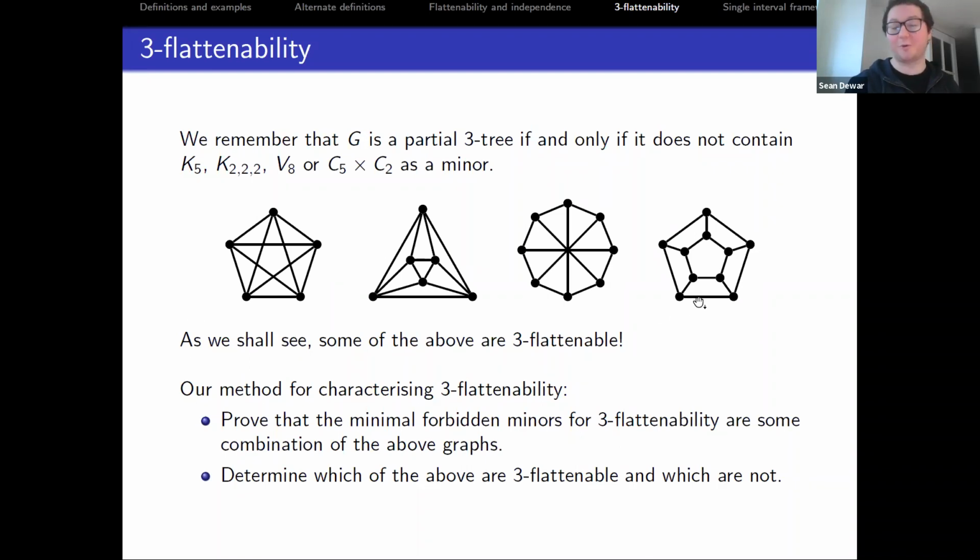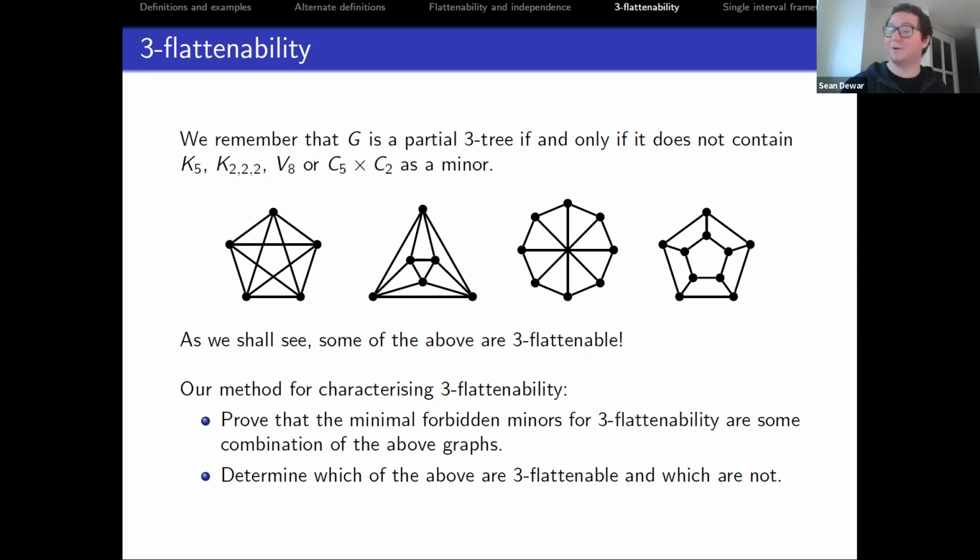Because Belk was also working on proving which ones are flattenable and which aren't, they already knew that these 2 weren't, but they didn't have that in the paper. So they assumed that these 2 are 3 flattenable. The second paper was literally proving that this and this are both 3 flattenable, which are very non-trivial results. It's about a 30-page paper just to prove these 2 graphs are 3 flattenable.